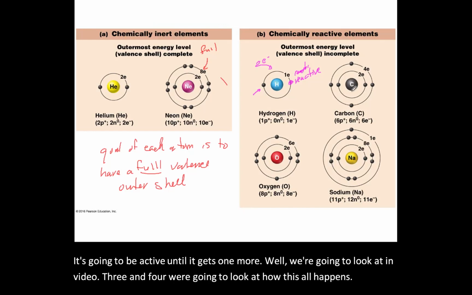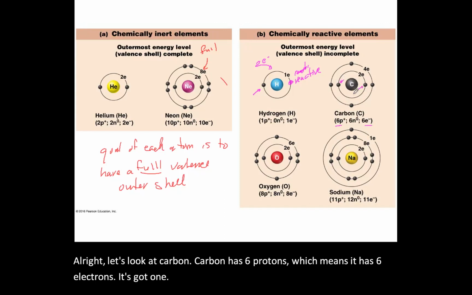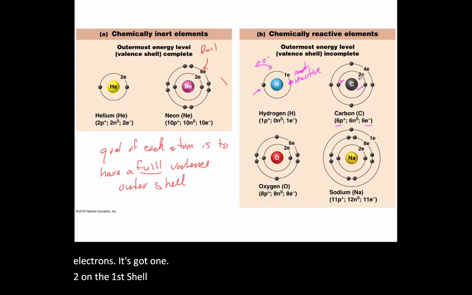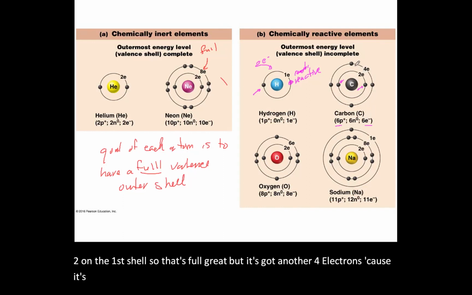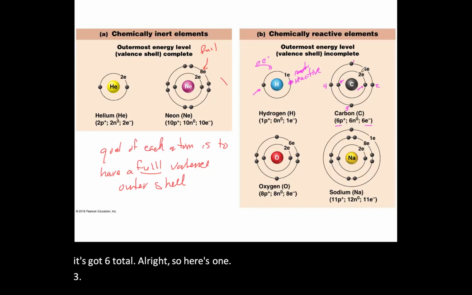All right. Let's look at carbon. Carbon has 6 protons, which means it has 6 electrons. It's got 1, 2 on the first shell, so that's full. Great, but it's got another 4 electrons because it's got 6 total. So here's 1, 2, 3, 4. It wants how many? It wants 8, but it only has 4. So it has a decision.